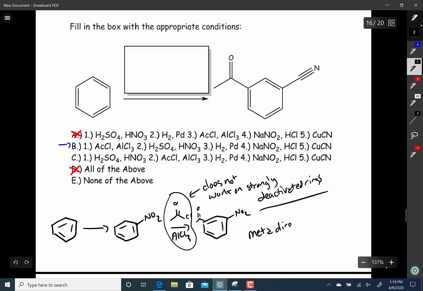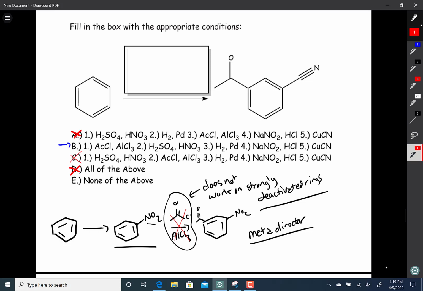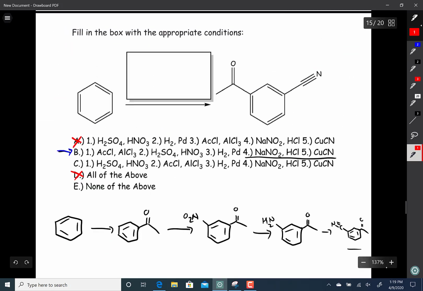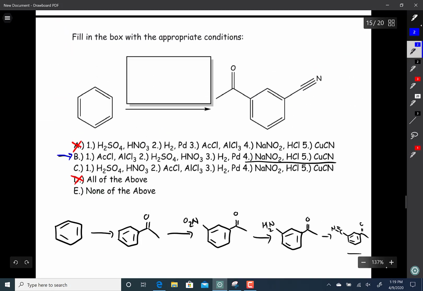So if you have a meta director on your aromatic ring, there's a good chance that Friedel-Crafts acylation isn't going to work. Here, this ring has a meta director on it, so therefore this reaction here fails. And so we're left with B as the option, and B is the correct answer.